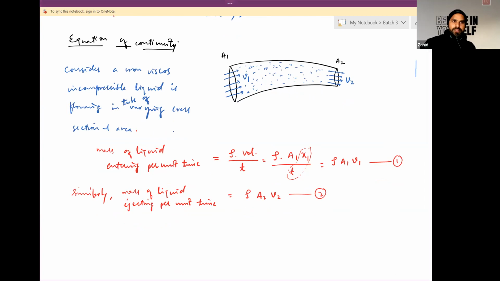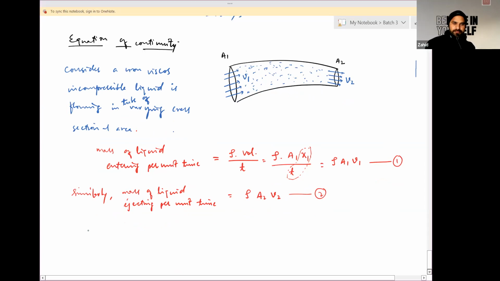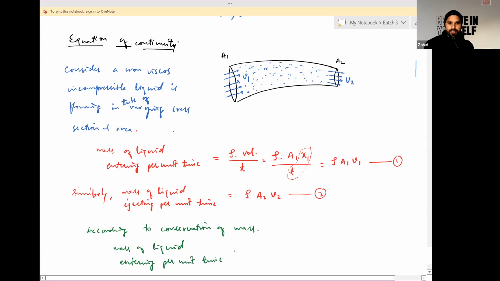So according to conservation of mass, mass of liquid entering per unit time will equal mass of liquid ejecting per unit time.